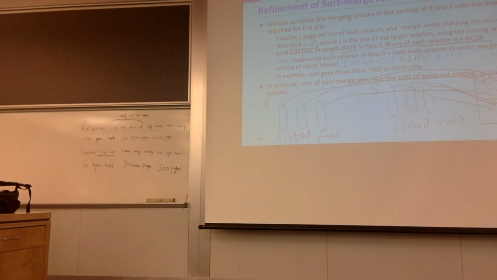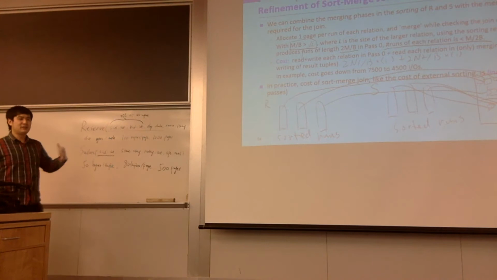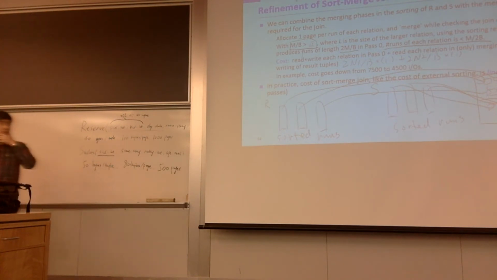The last pass is combined with the merge process, so you basically just read everything once. So then you add n1 plus n2 over b.